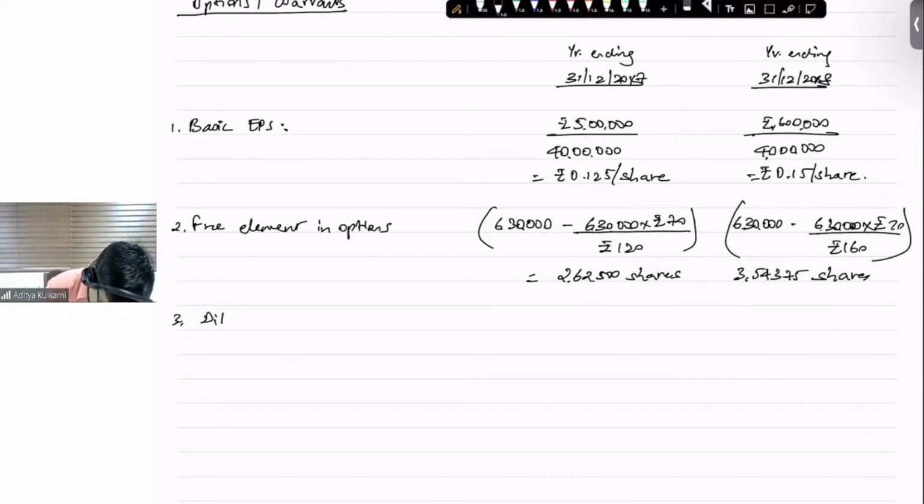Diluted EPS. Starting point is basic EPS. 40 lakh.